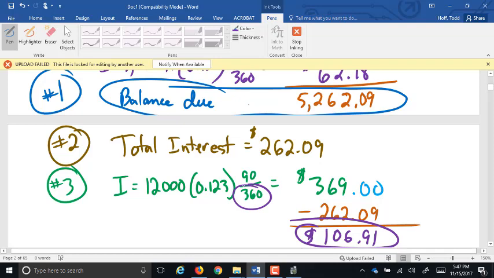If it's exact, you use 365. Special? Oh, I was going to say I don't remember seeing special in the homework. All right. Ordinary is, yes.